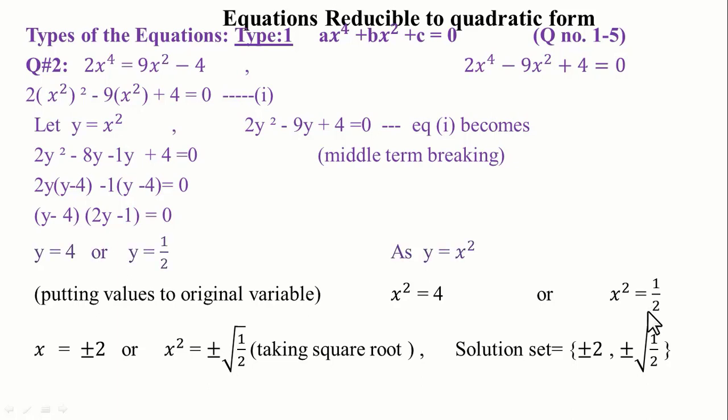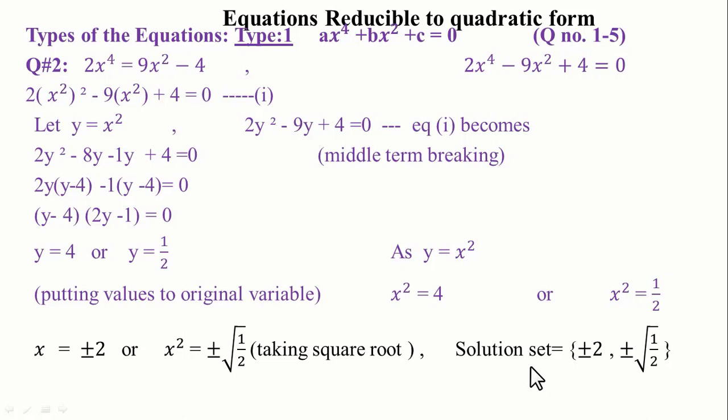Then taking square root on both sides, x is equal to plus minus 2, or taking square root of the other term, x is equal to plus minus square root of 1 upon 2.